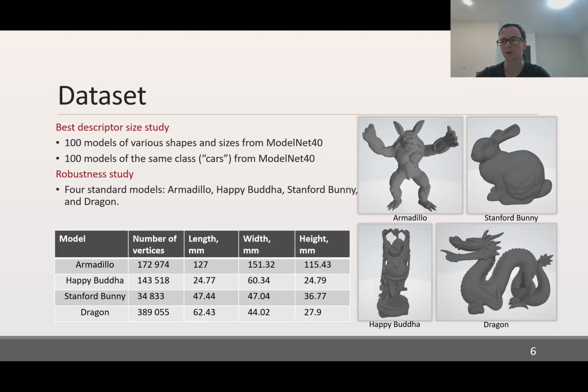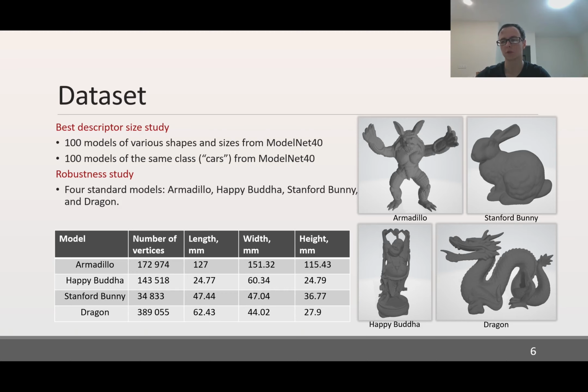For the experimental study, models from the ModelNet40 dataset consisting of 40 different classes were used, from which two datasets were formed. The first consists of models differing in shape and size, and the second consists of models of the same class. Also, four standard models were selected for a detailed study of the influence of attacks on the descriptor: Armadillo, Happy Buddha, Stanford Bunny, and Dragon.